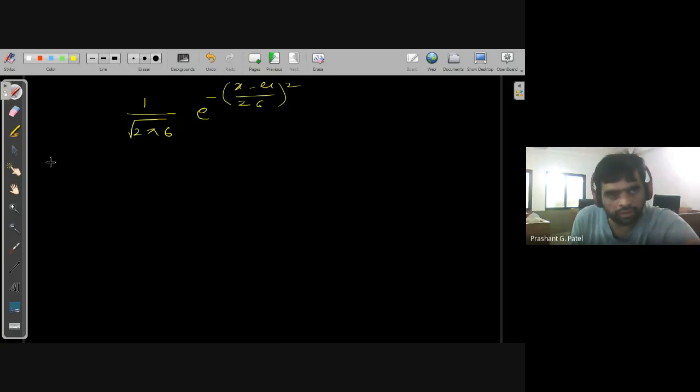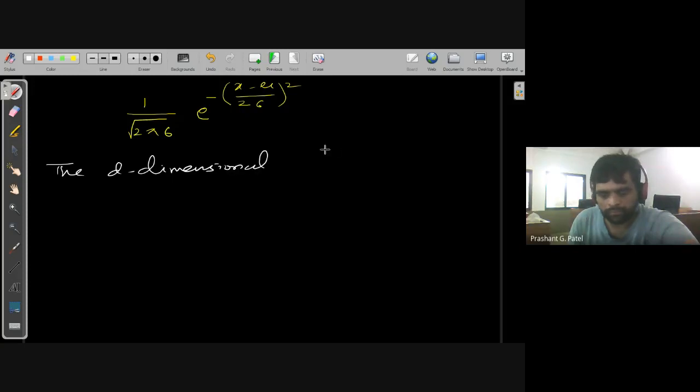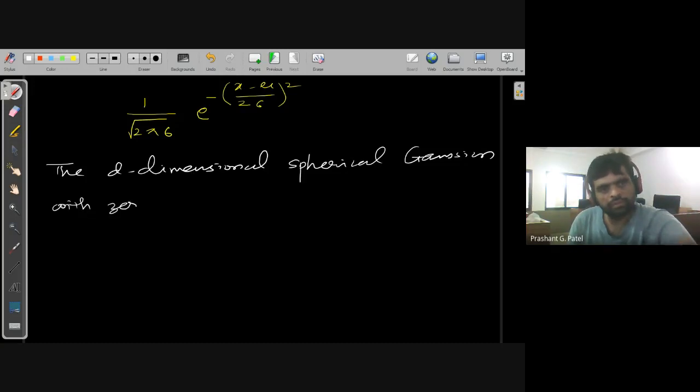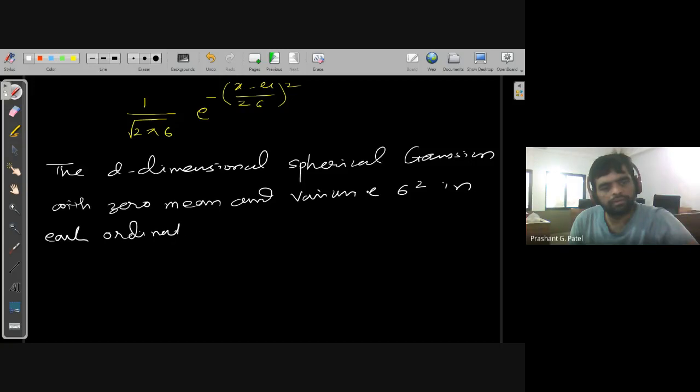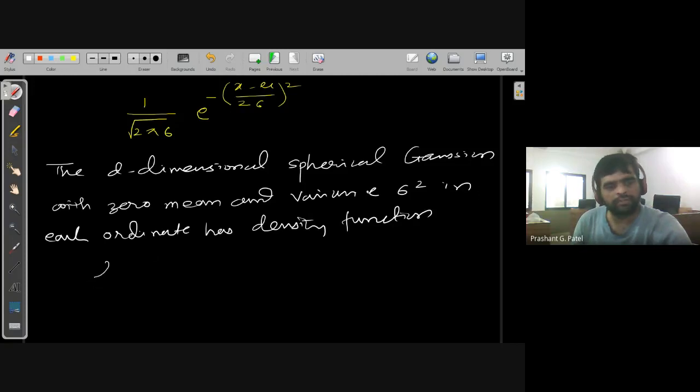So the d-dimensional spherical Gaussian with zero mean and variance sigma square in each coordinate has density function, that is p of x.